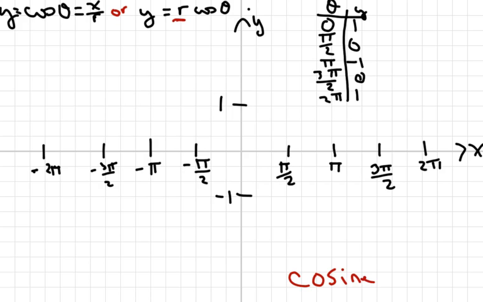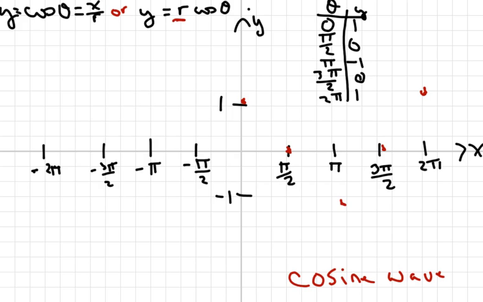Cosine wave. I have my table of values you should have on your chart, and I'm just going to do my quadrantal angles. So at 0 we're starting at 1, then we go to 0, go to -1, back to 0, and back to 1.